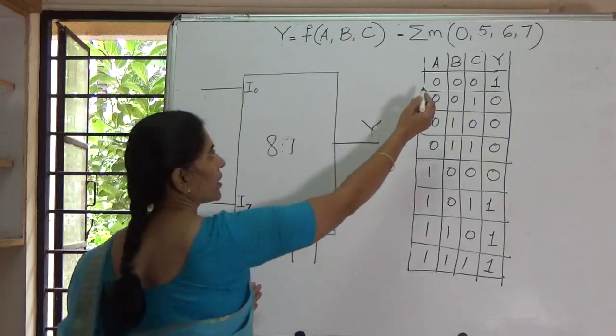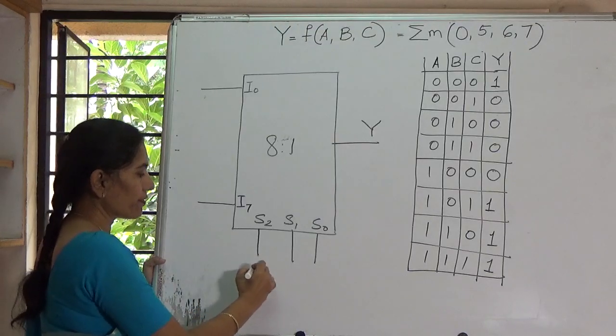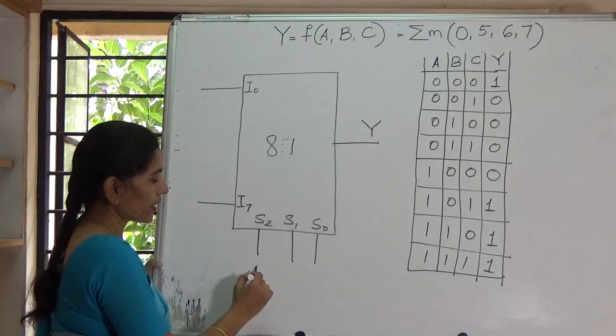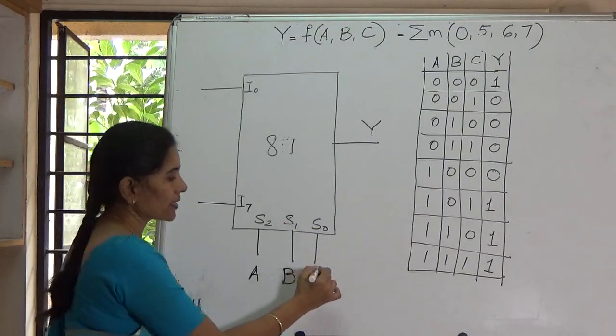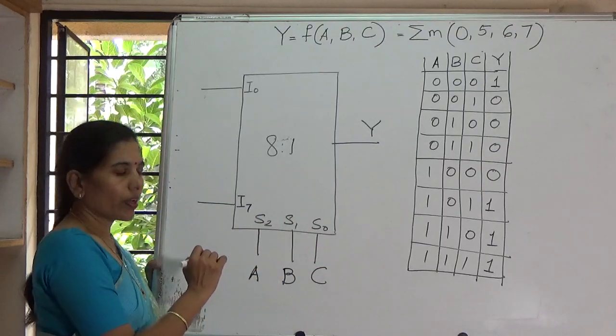So let us give the 3 inputs A, B, C to the select lines. A being the most significant, we give A to S2, then B to S1, and C being the least significant, we connect it to S0.